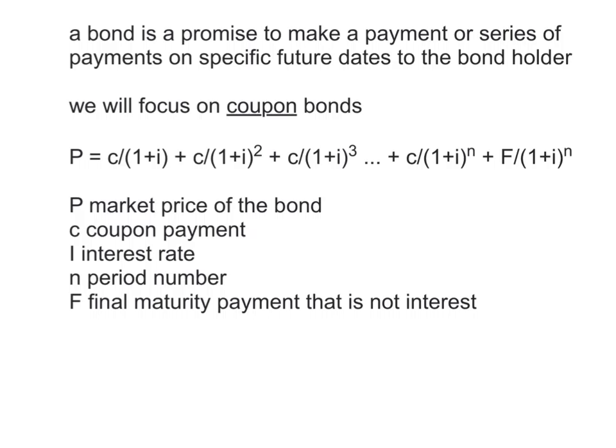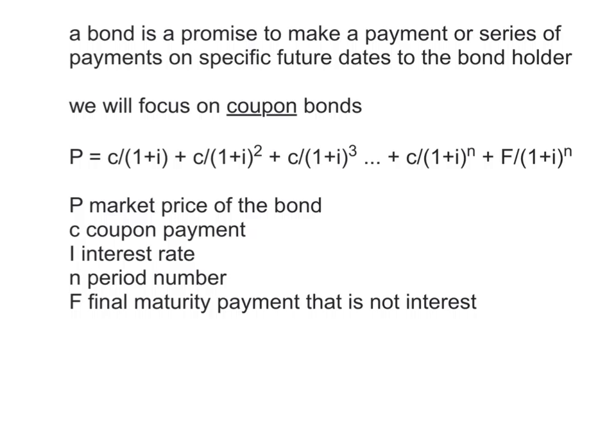Now, of course, the coupons are not physical, they're conceptual, but the essence is that when you buy a coupon bond, you are paying the market price P. In return for that market price, you are promised C, a coupon payment at regular intervals.